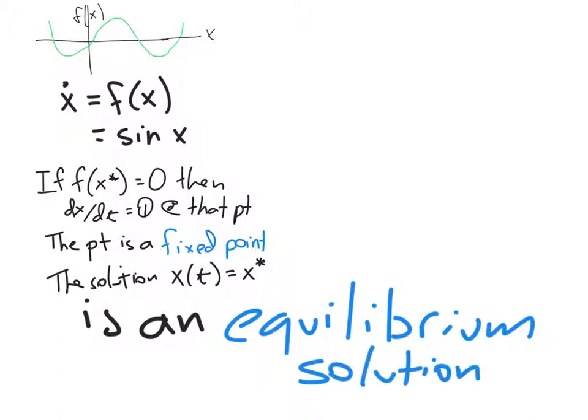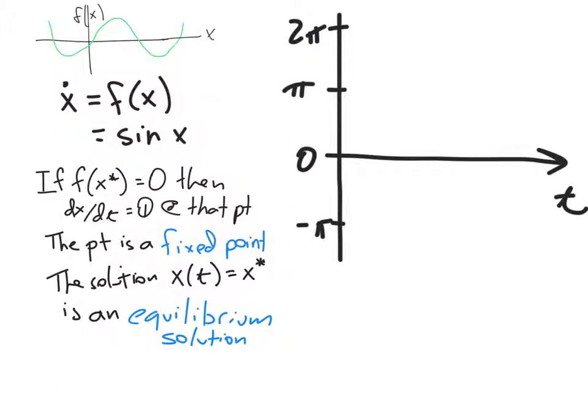That means it's a solution of the differential equation. If you plug in x of t equals x star, you'll find that it satisfies the differential equation at every single time point t. And it's an equilibrium solution because nothing's changing over time. So we call that an equilibrium.